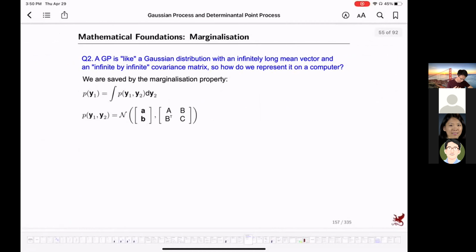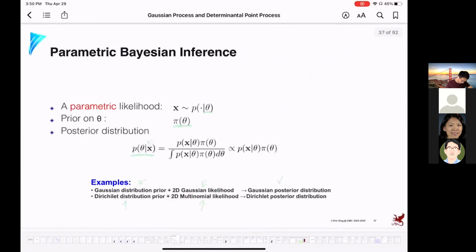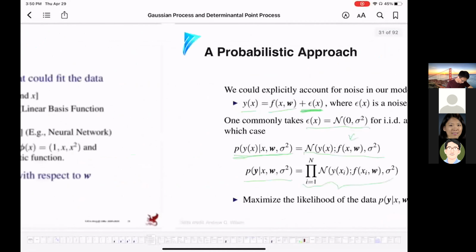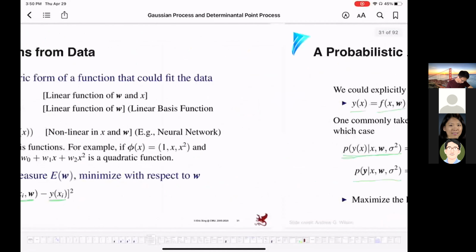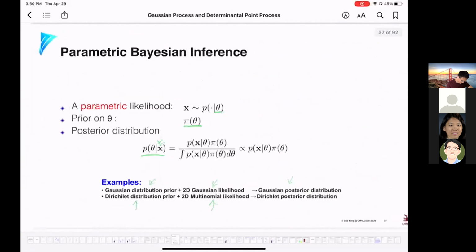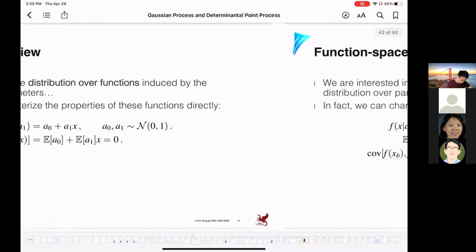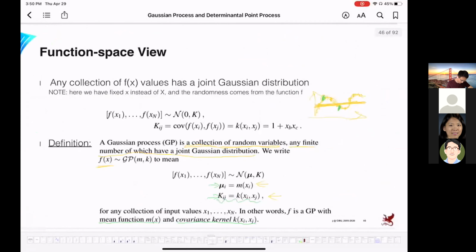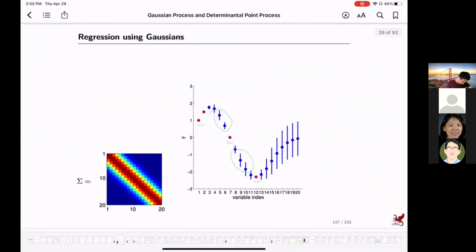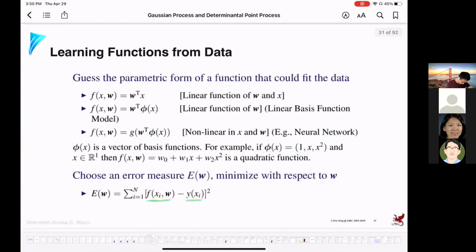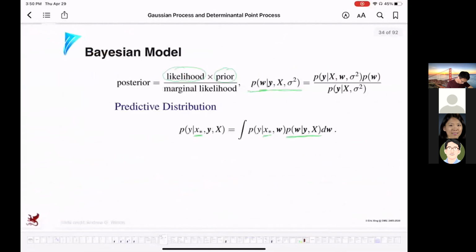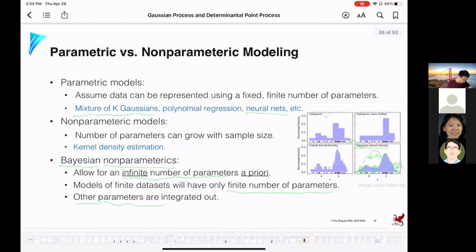When I first introduced the Bayesian nonparametric model, I mentioned 3 points. Oh, right here.